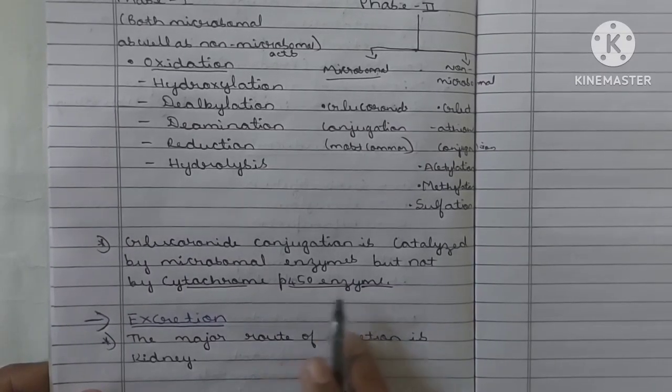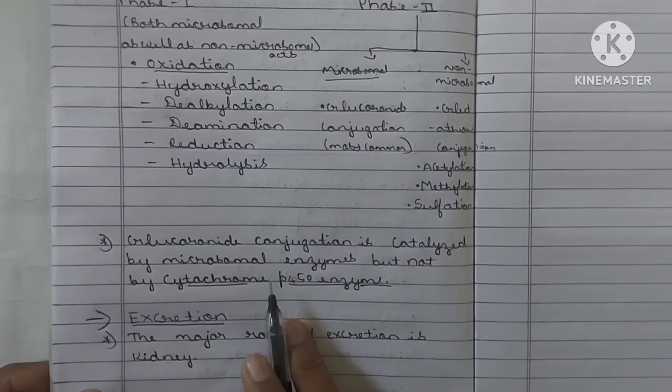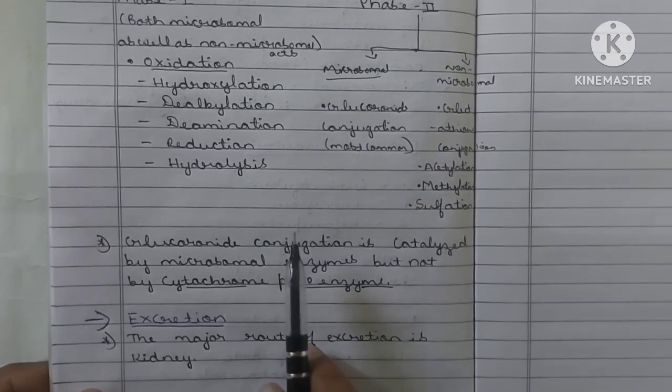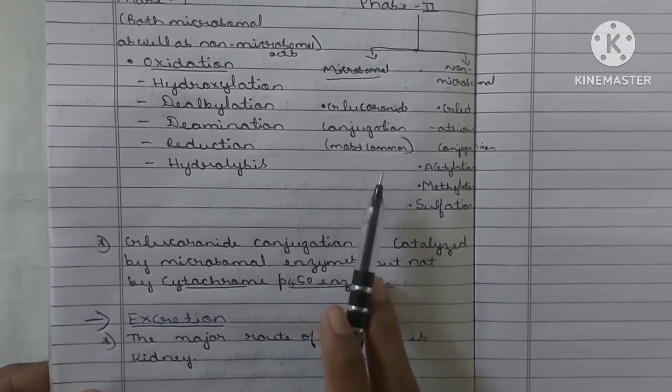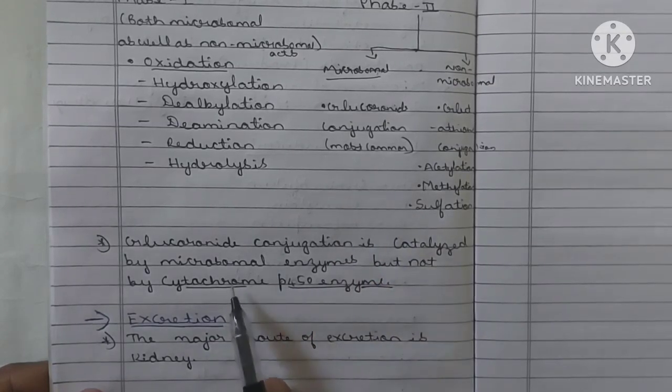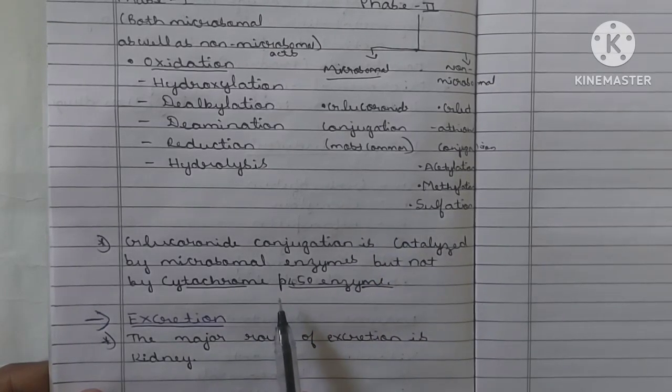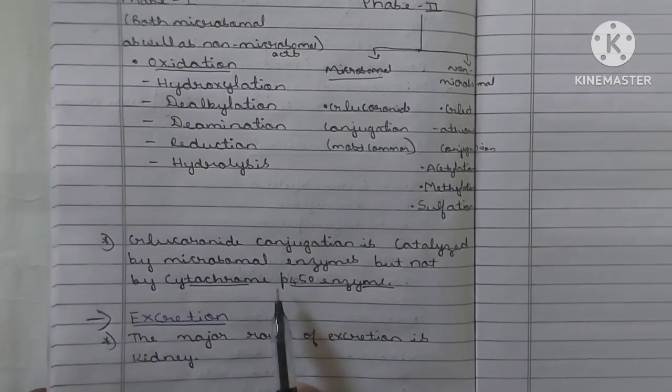Cytochrome P450 is also a microsomal enzyme, but this glucuronide conjugation cannot be catalyzed by cytochrome P450. Other enzymes help to catalyze this one.